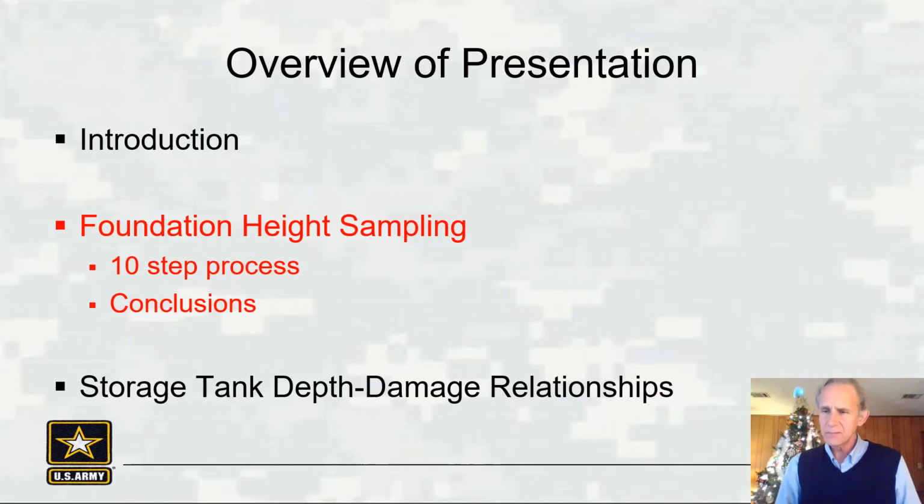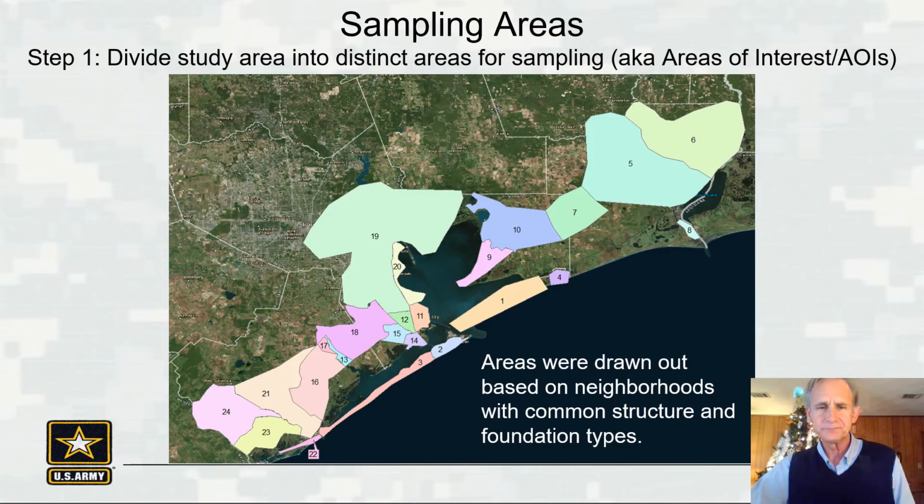So now I'd like to go through that 10-step process of how we address foundation height sampling, and something that you could consider if you decide to employ sampling for any of your important economic parameters. So the first step was to divide the area into distinct areas for sampling. We call them areas of interest.